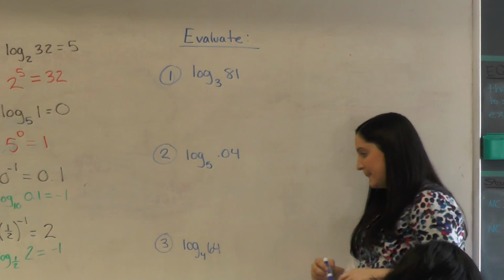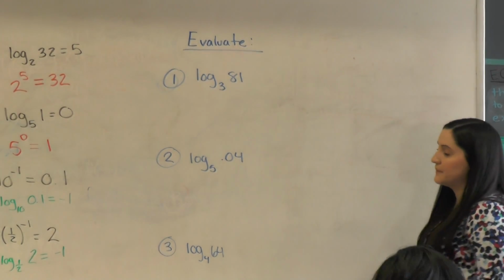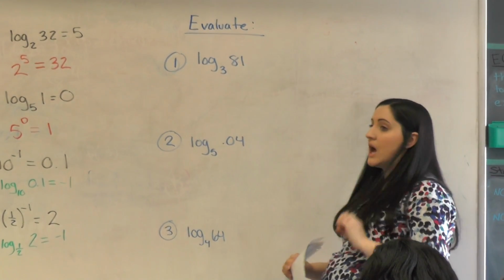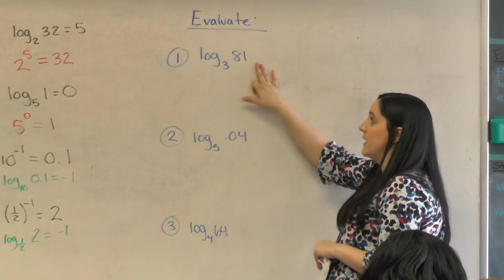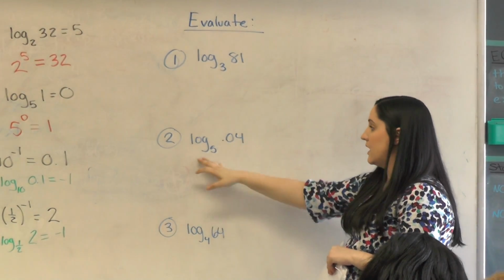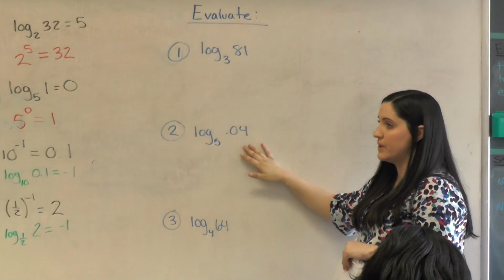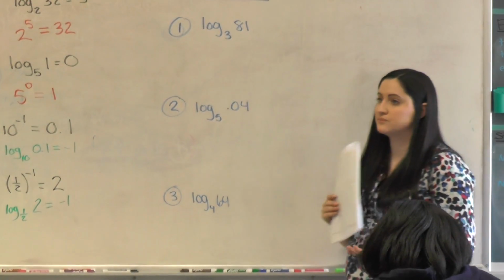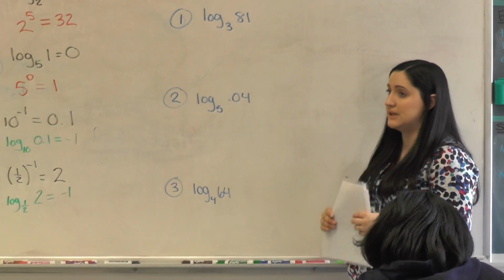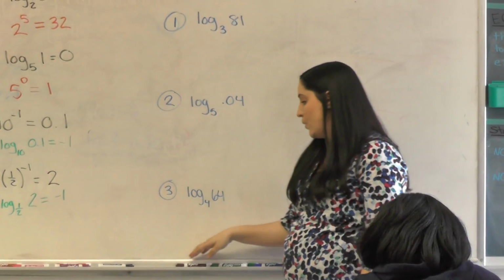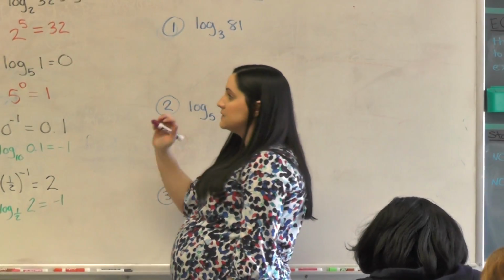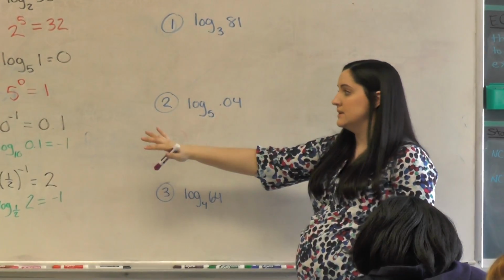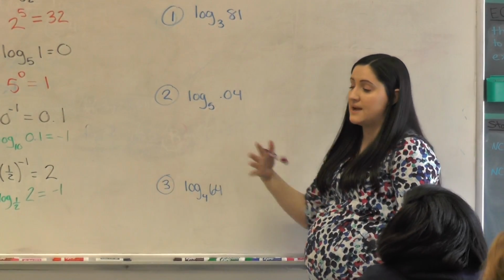Okay? We have 3 examples. Log base 3 of 81. Log base 5 of 0.04. And log base 4 of 64. Okay, when you're evaluating, you need to ask yourself. Right? This is why putting it in exponential form comes into play.